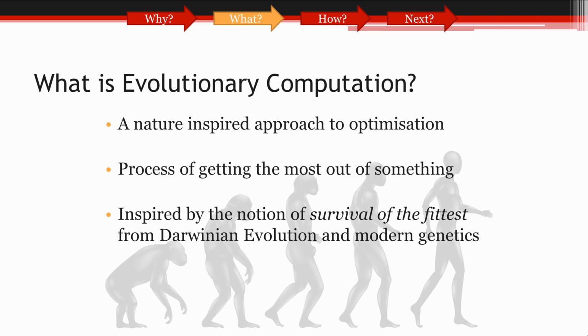It's inspired by this idea of survival of the fittest from Darwinian evolution and Mendel's modern genetics. The general idea behind the whole thing is that if biological evolution can produce something as amazing as humans over many generations, then we should be able to use the same process artificially to evolve optimal solutions for vehicles, aircraft, spaceships, and so much more.